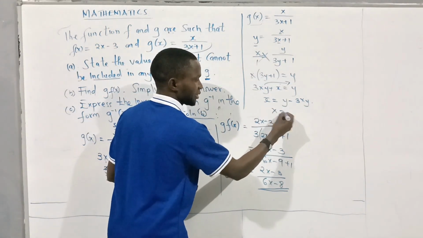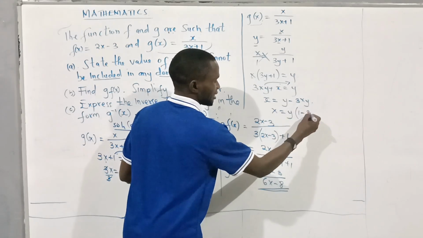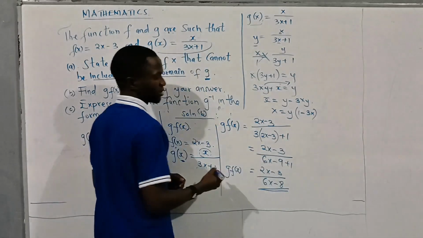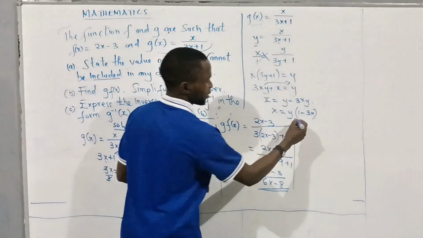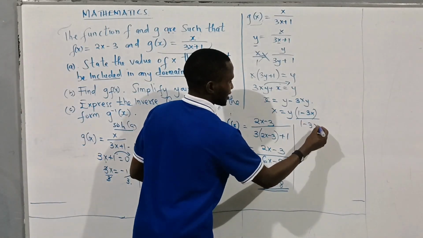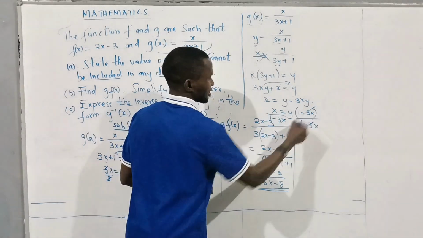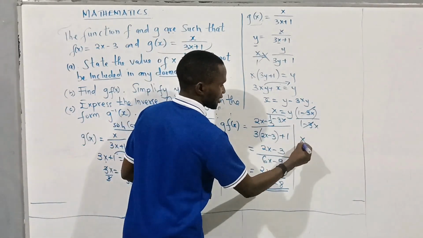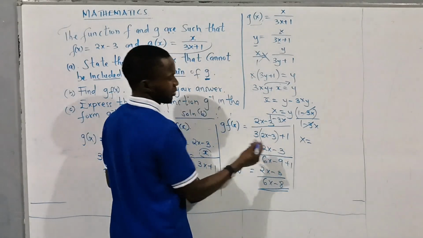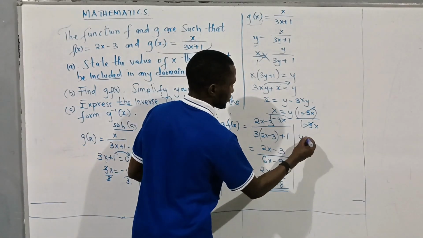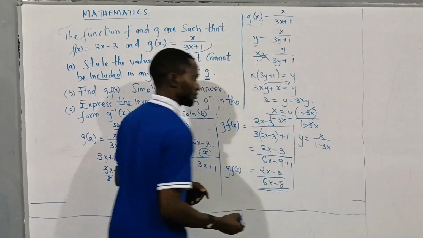You write as x is equal to y into 1 minus 3x. Then, for you to get your answer, you divide by 1 minus 3x. Then the final solution will be, not x but y, is equal to x over 1 minus 3x.